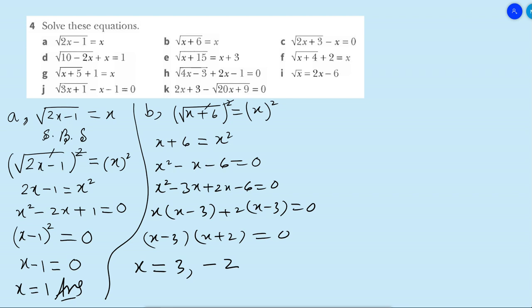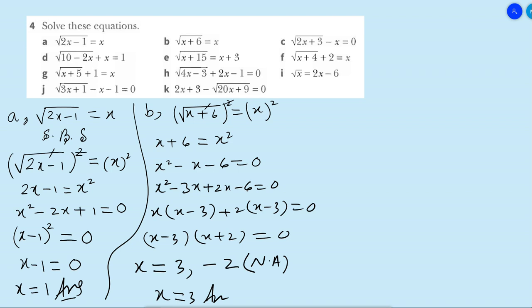But don't say this is our final answer, x is equals to 3 and x is equals to minus 2. The only answer is x is equals to 3. This minus 2 is not admissible, not possible. But the question is why? Why am I not taking minus 2?